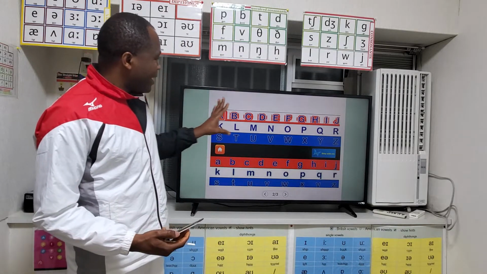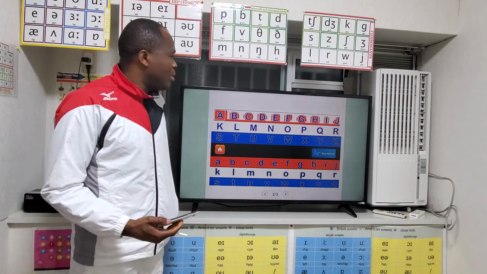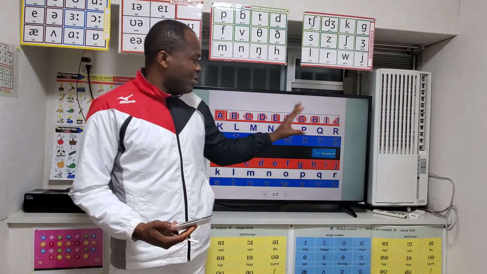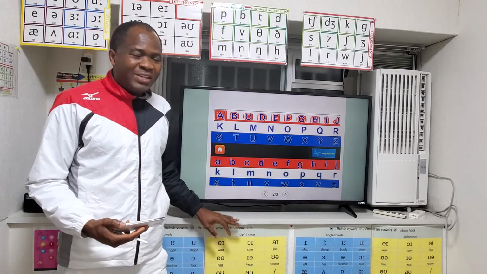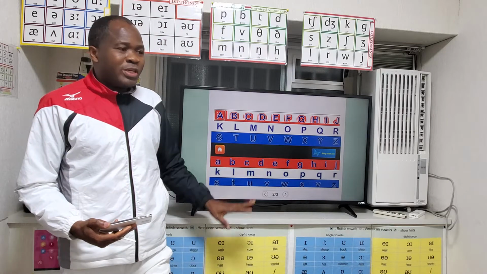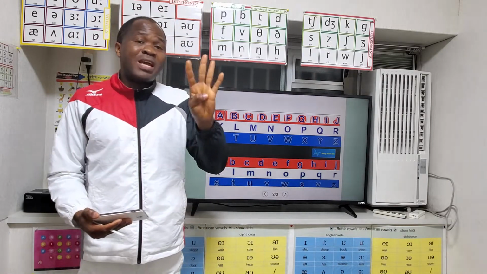So first is alphabet. Most of the time we spend too much time indulging in teaching our kids about the names of the letters of the alphabet, and these are not used in pronunciation. English involves four aspects.